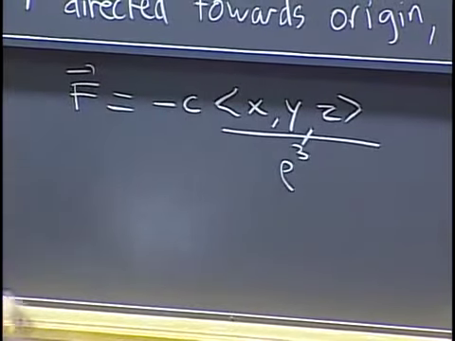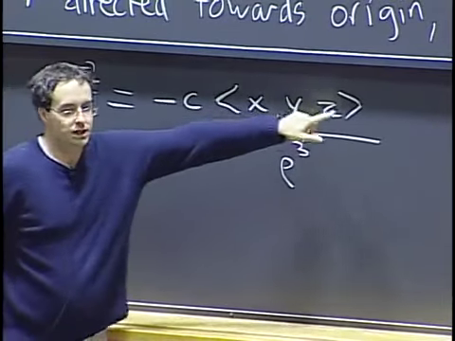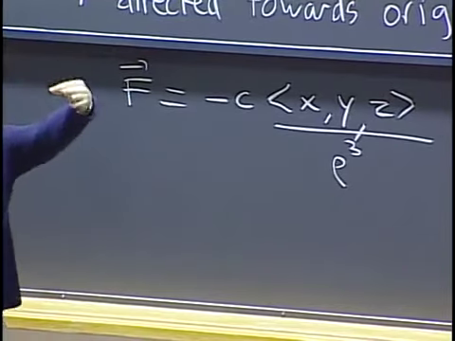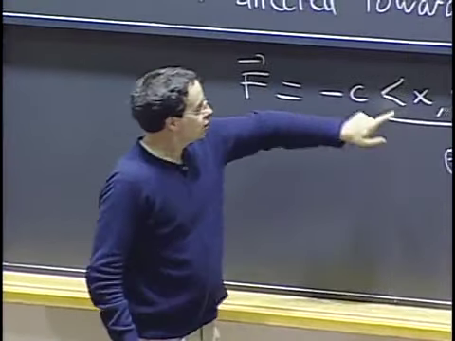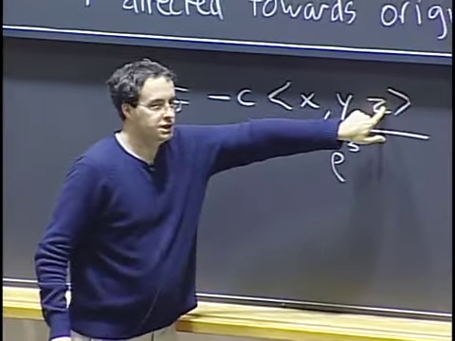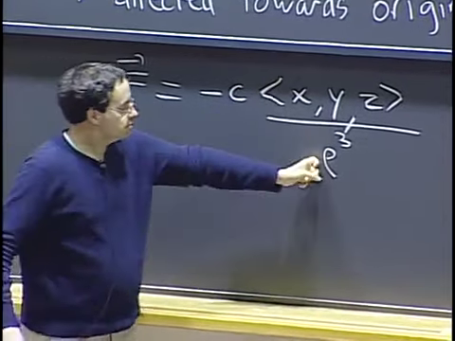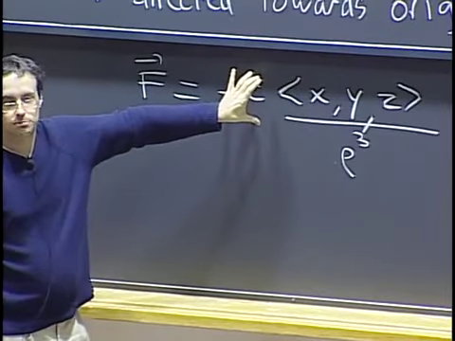Well, this vector is proportional to negative xyz. xyz is the vector that goes from the origin to your point. The negative goes towards the origin. Then the magnitude of x, y, z is just the distance from the origin. It's rho. So the magnitude of this thing is 1 over rho squared times some constant factor.